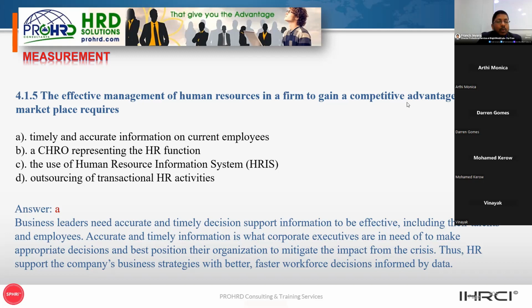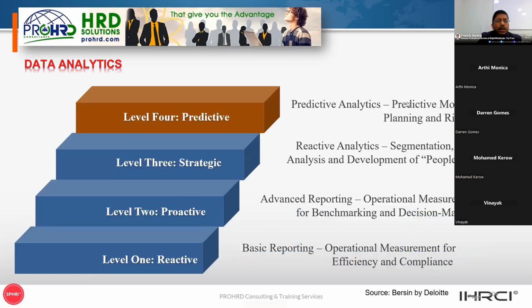Thus, HR supports the company's business strategies with better, faster workforce decisions informed by data. Having a good system is very important. Timely, accurate information is, whenever you do the payroll month after month, it's very accurate. It has to be proper.